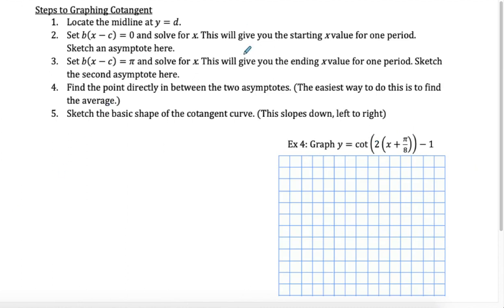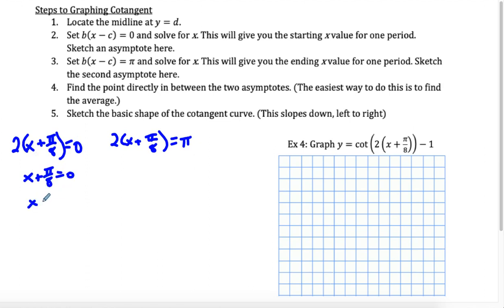All right, let's do one more example. So on this one, we do have a d value. We're going to be shifting down 1. Okay, so then again, we just need to take 2 times x plus pi over 8, set that equal to 0, and 2 times x plus pi over 8 and set that equal to pi. So divide by 2, subtract pi over 8, divide by 2, subtract pi over 8.